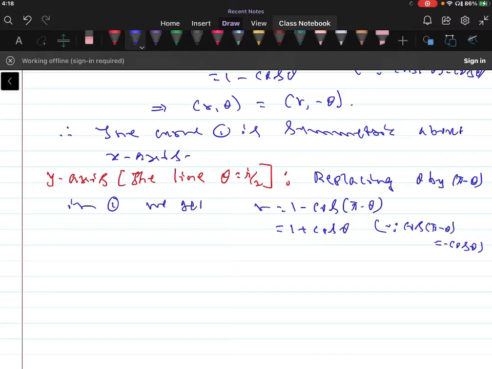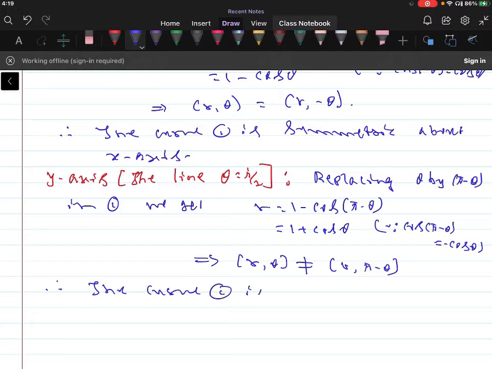So this implies r comma theta is not equal to r comma pi minus theta. So therefore we can conclude that the polar curve 1 is not symmetric about the y-axis.